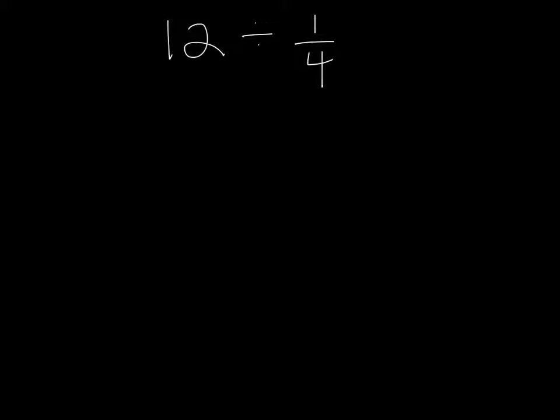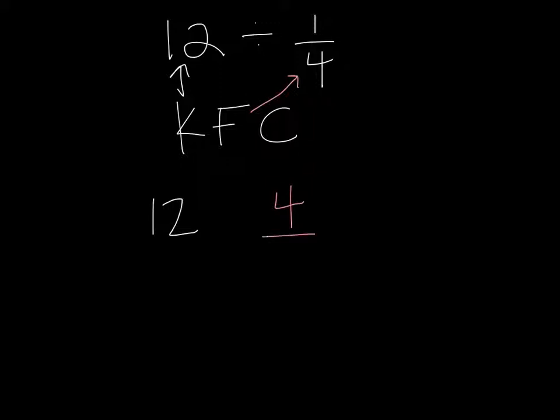Now let's try the same method with a whole number. I'm still going to use KFC. The first number in this problem is 12, so I'm going to keep 12. The second fraction is 1/4, and I'm going to flip it to 4/1. The last thing I'm going to do is change this division sign to a multiplication sign.